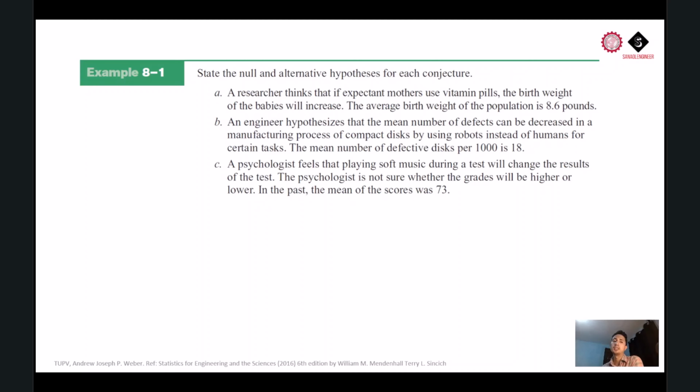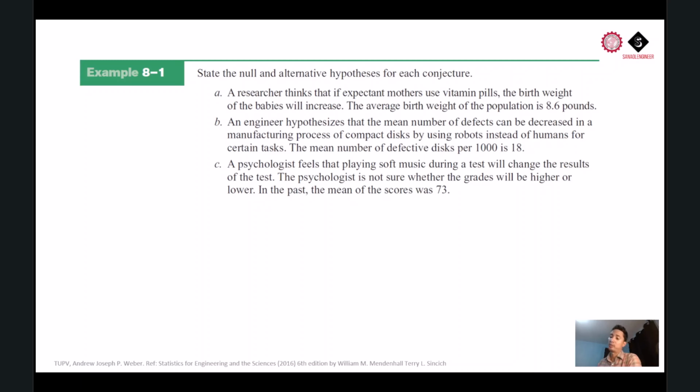Letter B. An engineer hypothesizes that the mean number of defects can be decreased in a manufacturing process of compact discs by using robots instead of humans for certain tasks. The mean number of defective discs per 1,000 is 18. And the last, letter C. A psychologist feels that playing soft music during a test will change the results of the test. The psychologist is not sure whether the grades will be higher or lower. In the past, the mean of the scores was 73.